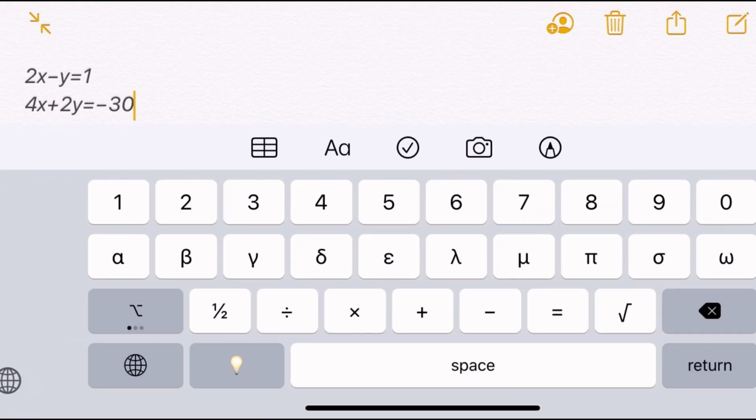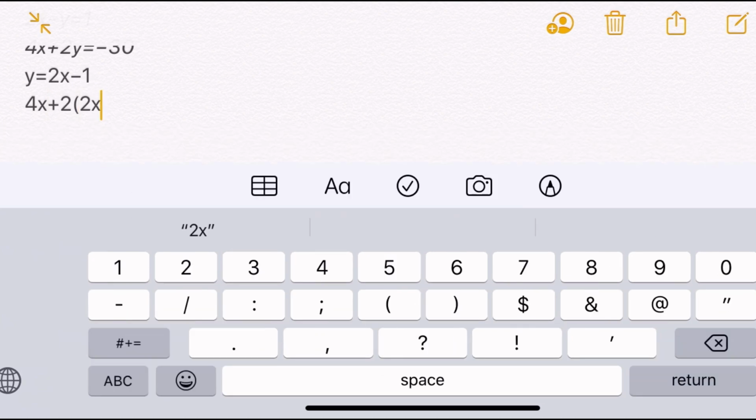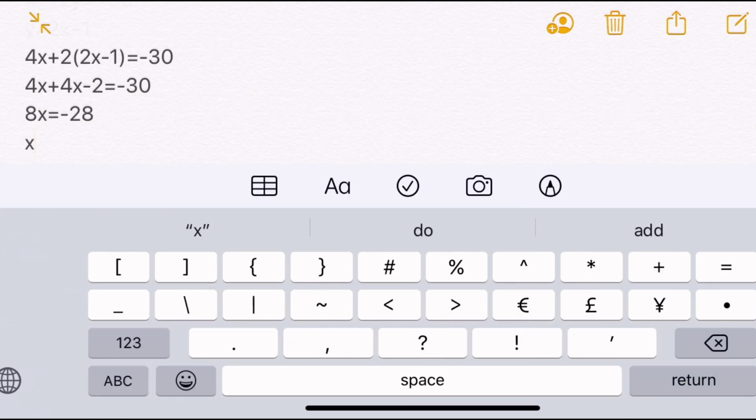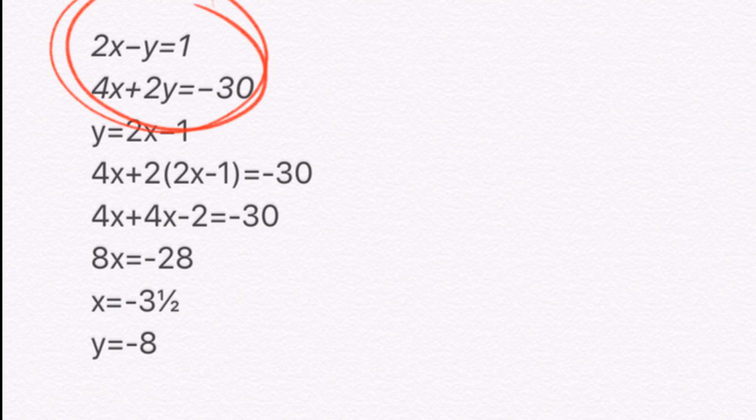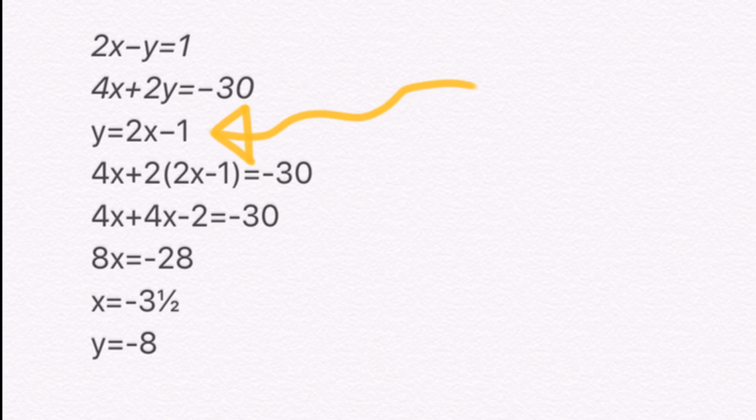And now we're going to look at the second example, in which we need to use the substitution method. So first of all, we need to rearrange the equation into either x equals something or y equals something. In this case, we will rearrange it into y = 2x - 1.